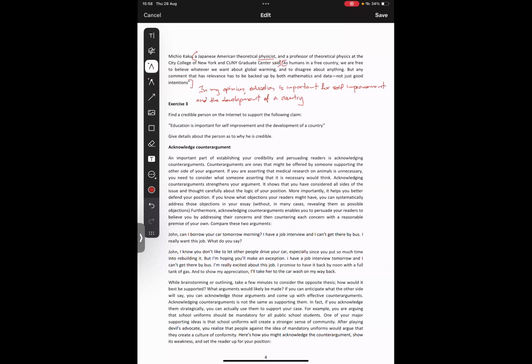Education is important for self-improvement and the development of a country.